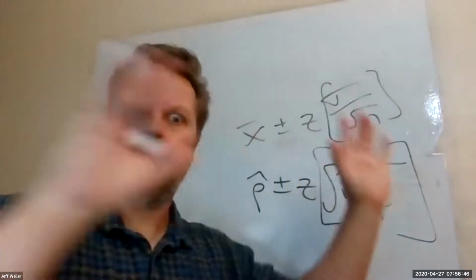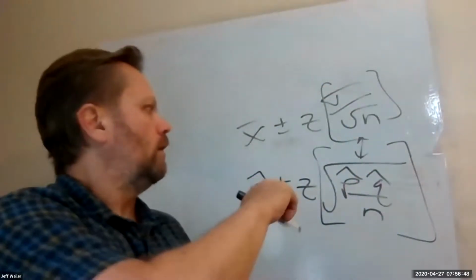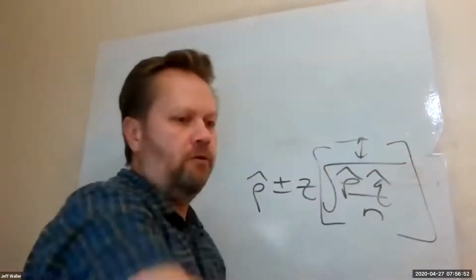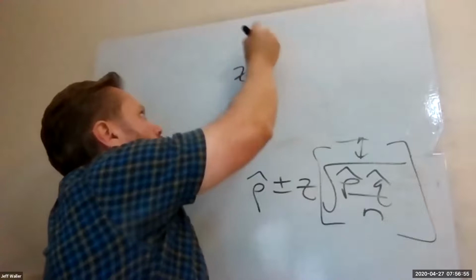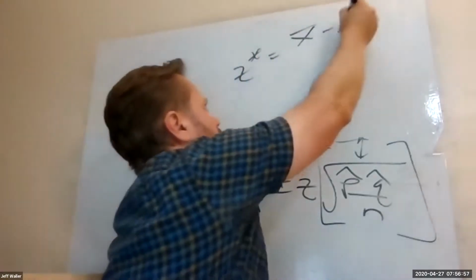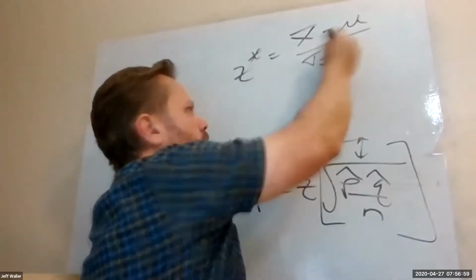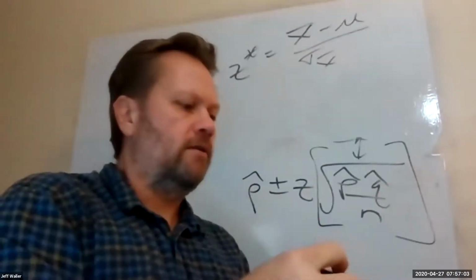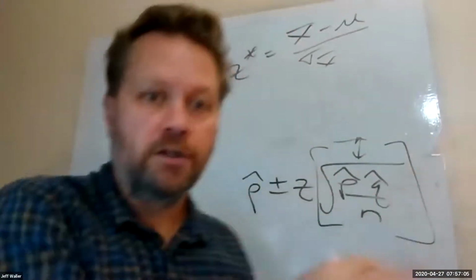So you're like, what does that mean, Jeff? Well, let me take this away. If the normal z-score formula is your data point minus the middle divided by the spread, that's the one we've been using. Then the one for percentages is going to look like this.